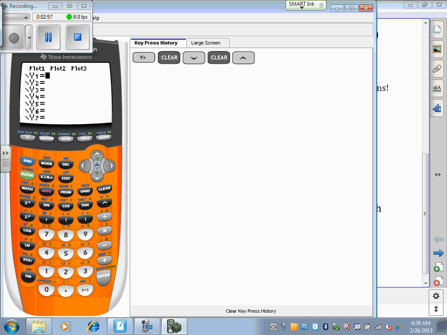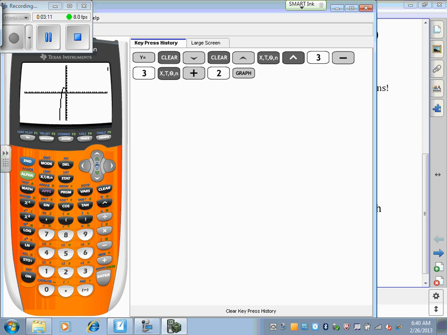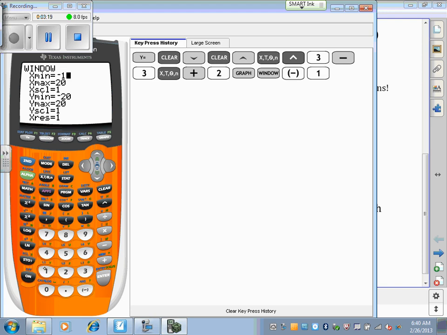So when you graph this, it looks like this: x to the third minus 3x plus 2. Okay, and my graph looks something like that. I'm having a hard time seeing it, so I'm going to make my window a little bit bigger so that I can really see the whole picture.